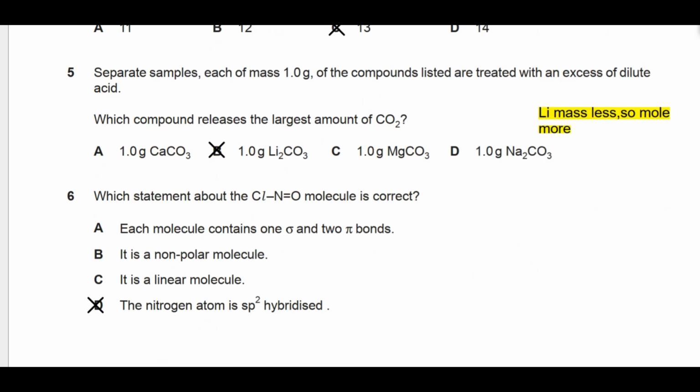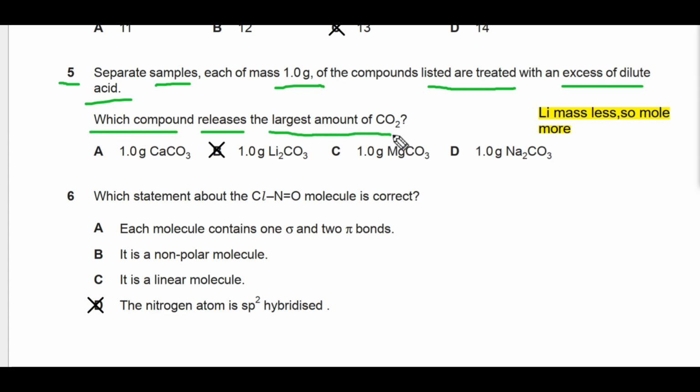Next, number 5, separate samples each of mass 1 gram of compounds listed are treated with excess dilute acid. Which compound releases the largest amount of carbon dioxide, meaning volume of carbon dioxide? Now you see 1 gram each: calcium carbonate, lithium carbonate, magnesium carbonate, sodium carbonate.